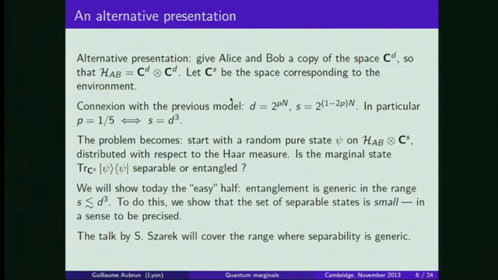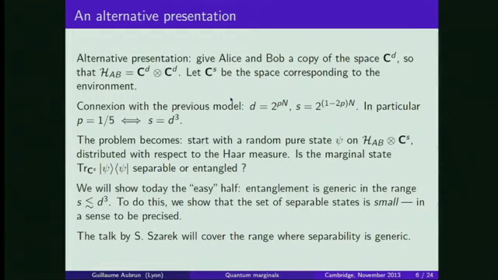If you connect with the previous model, Alice and Bob were each given Pn qubits, so D should be 2^(Pn), and S, the environment, should be 2^(1-2P)n. In particular, this value P equal 1/5 corresponds to S equal D cubed. So in this formulation, the threshold will be when the dimension of the environment is of order D cubed.